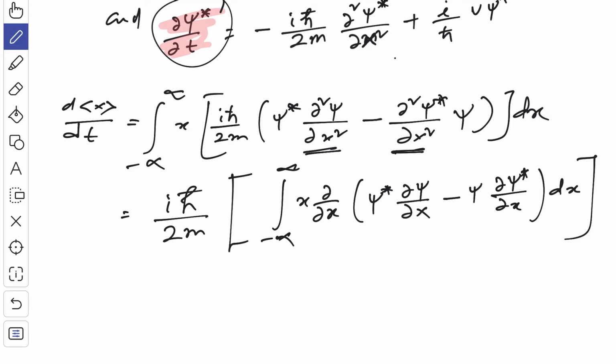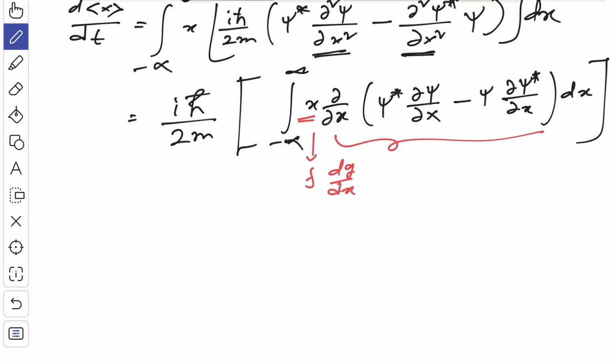Now we are going to use the rule of integration by parts. Consider this one as f and this term as dz by dx, and integrate from a to b. What does it give?